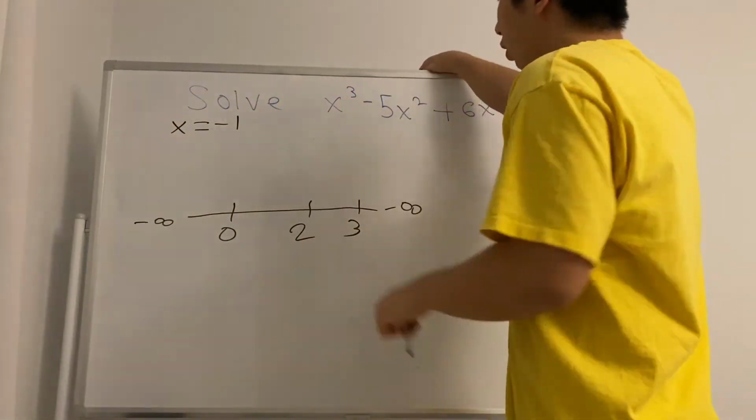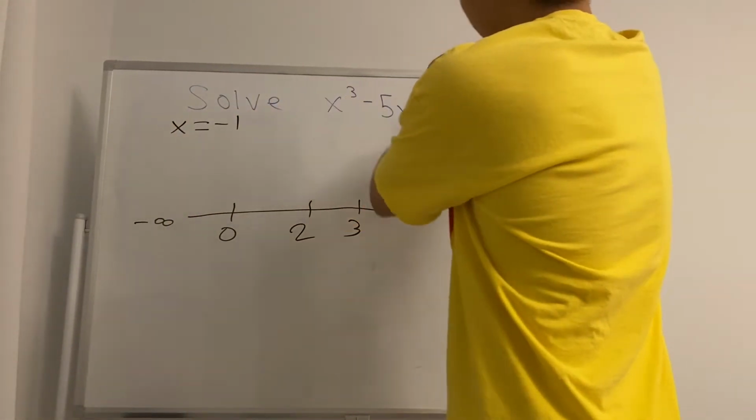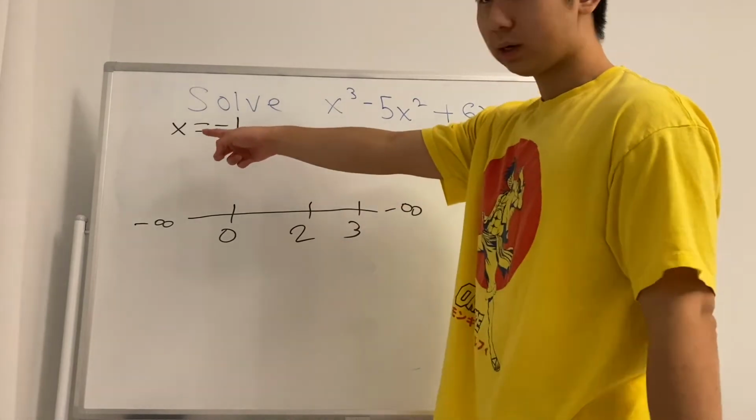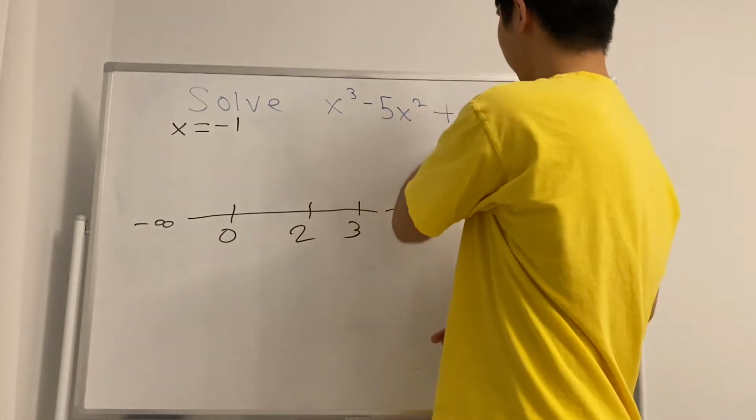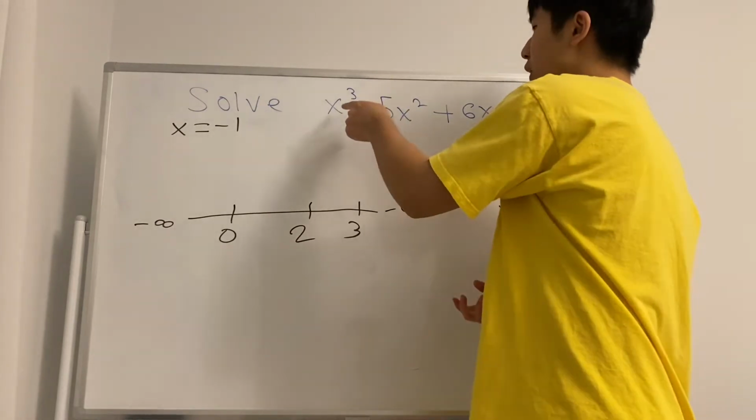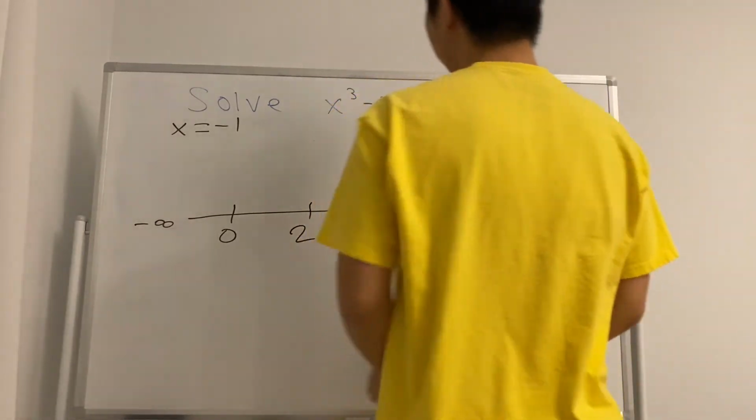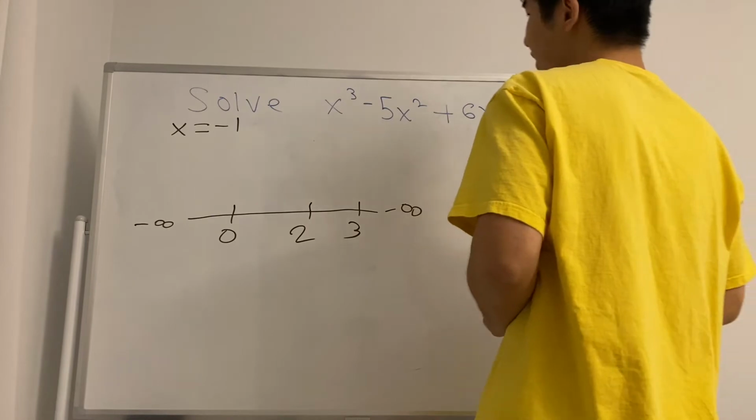Okay? Once you do that, you want to plug it into this equation. So we picked -1 for x, and now we're just going to plug this -1 into this equation. So -1 to the power of 3, that's -1.